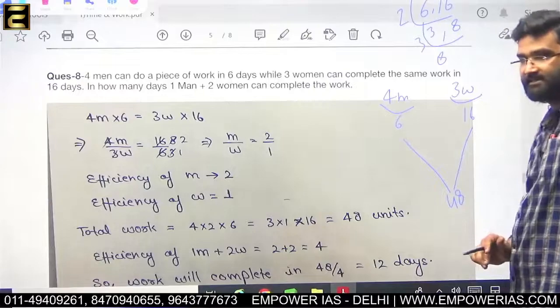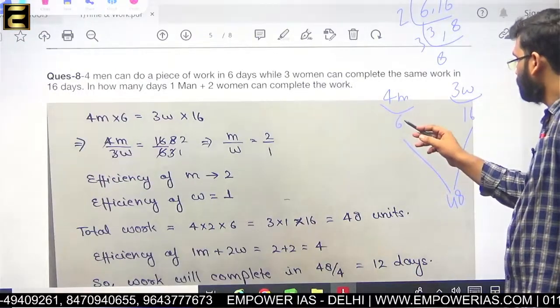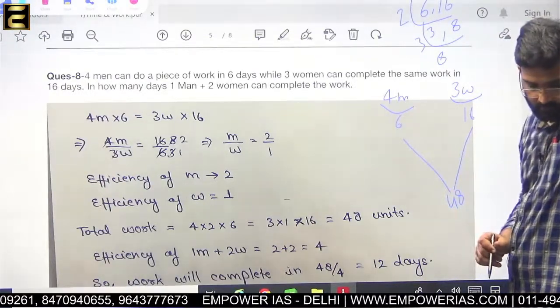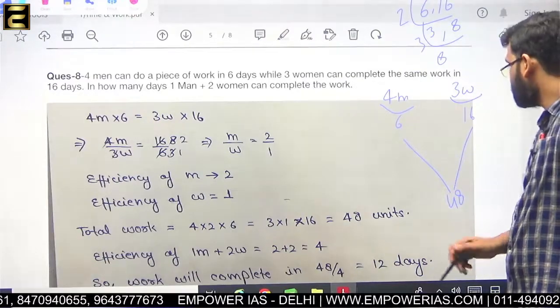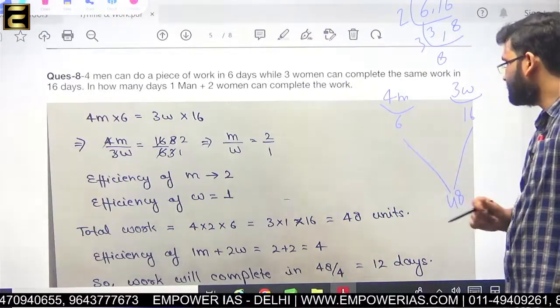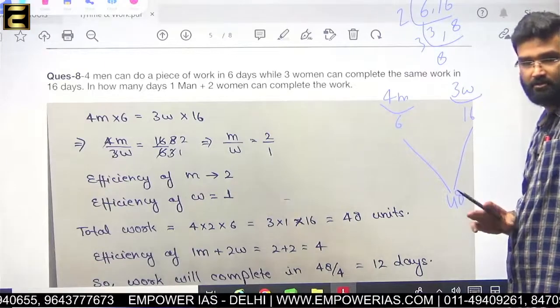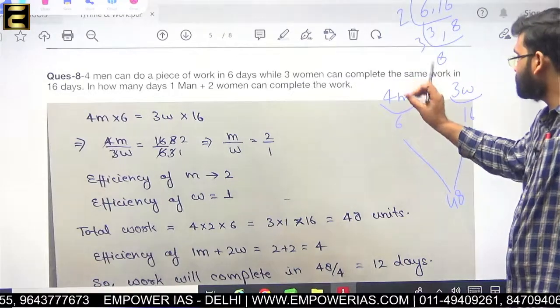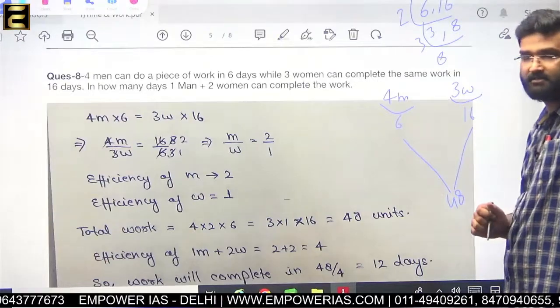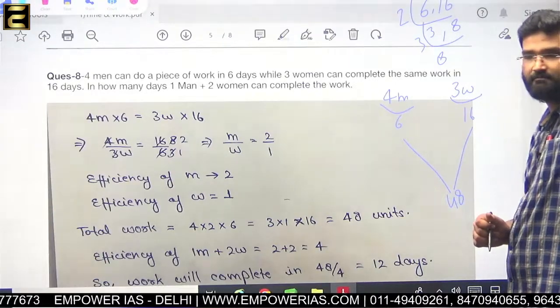So 48 is the LCM. Now, what is the efficiency of 4 men? Since they are completing the work in 6 days, the efficiency of this group will be 48 divided by 6. How much will it come? 8.